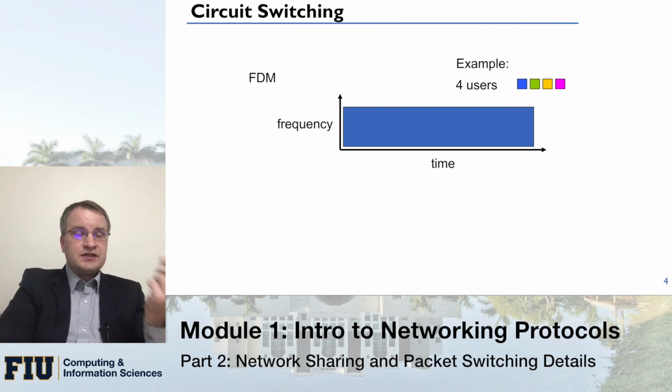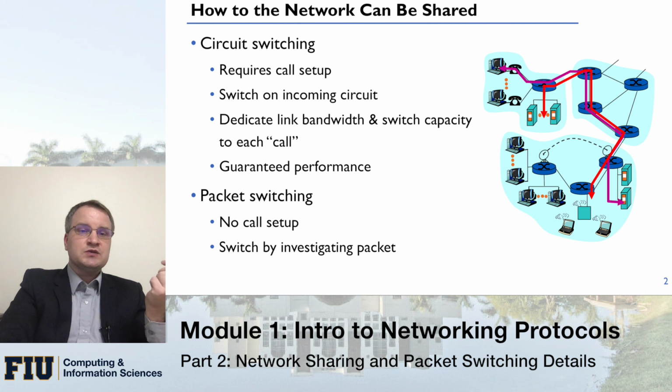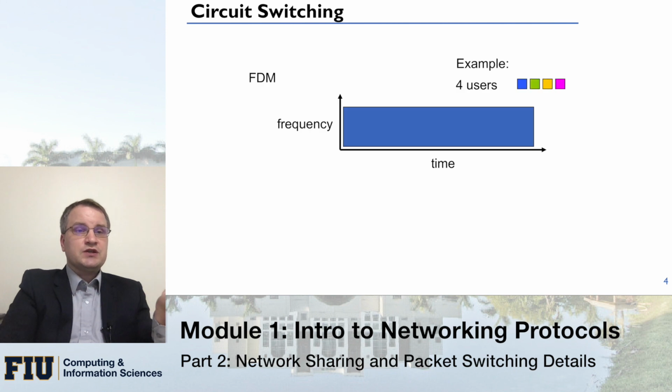The assumption here is that you have already established a circuit. That's given. The objective now is to somehow share this circuit between multiple users. This circuit is simply some form of allocation of resources, like frequencies and something else, and you want to share it over time.